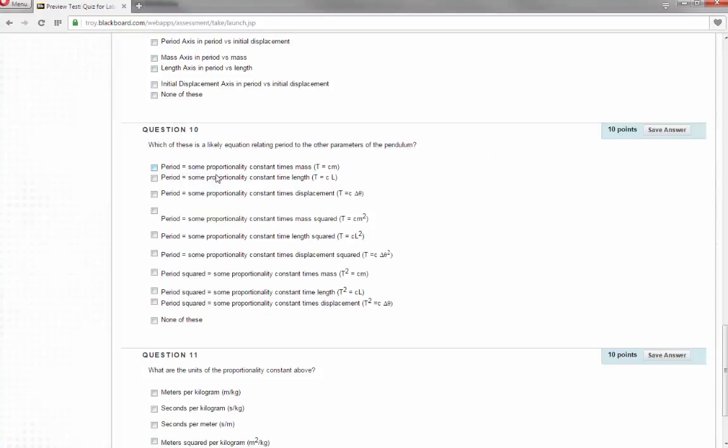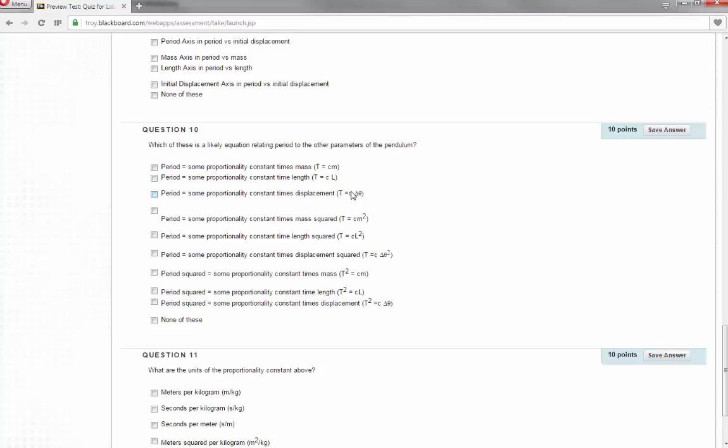You have period equals some proportionality constant times mass. Nope. Period equals some proportionality constant times length. Close, but not quite right, because we only have period to the 1 power here. You need period squared. Period equals some constant times the angle. Nope.